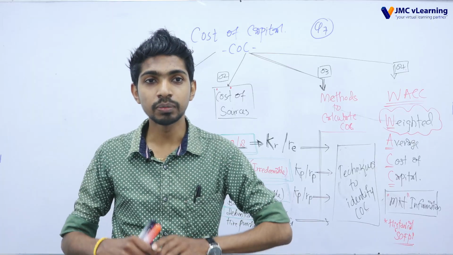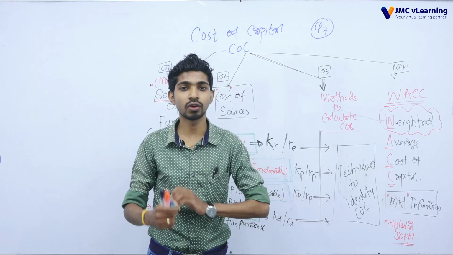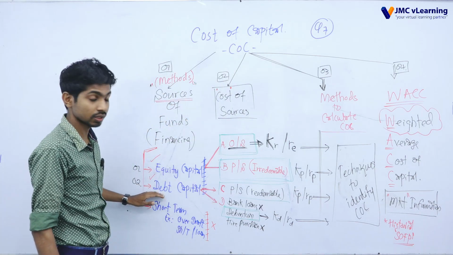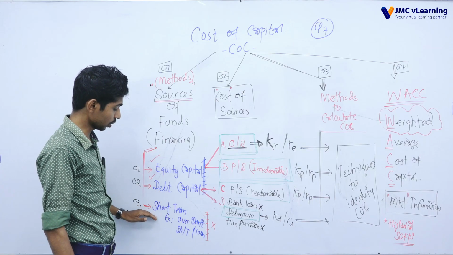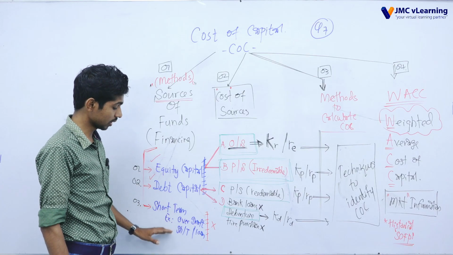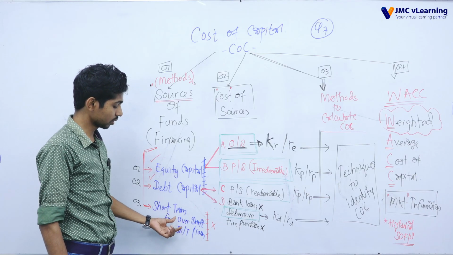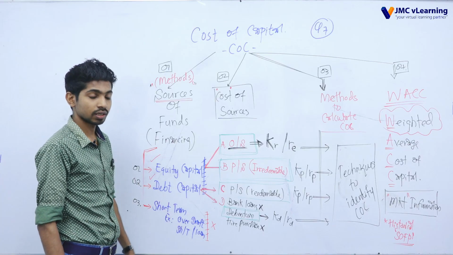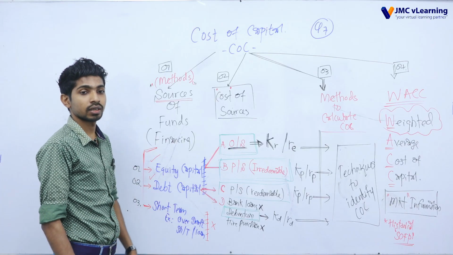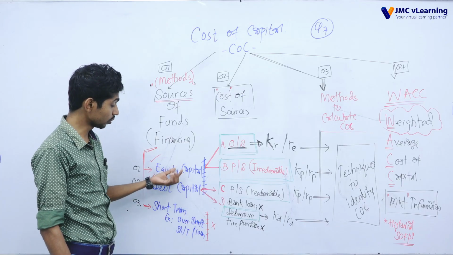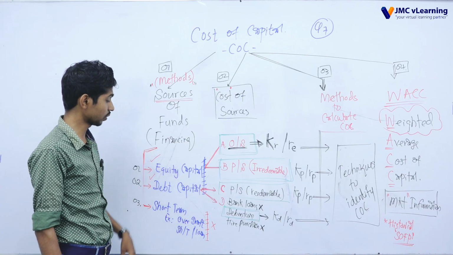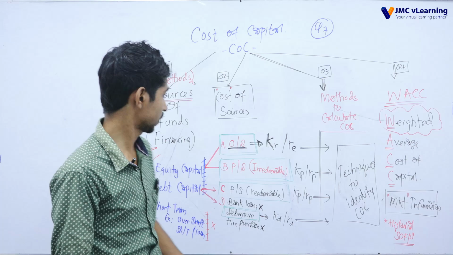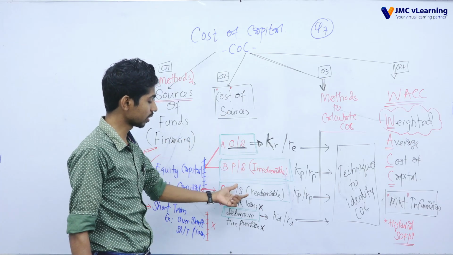But keep in mind, these basic things you have to be careful about when evaluating each cost of capital source. There are mainly three sources: equity capital, debt capital, and short term. Short term is not discussed here. Why? Overdrafts and short term loans are collected for a shorter period, so that cost is incurred at that time and there is no need to worry about it. But the main sources are equity capital and debt capital. Then we have to evaluate what the cost is: ordinary shares, preference shares, redeemable, irredeemable, debentures, likewise.